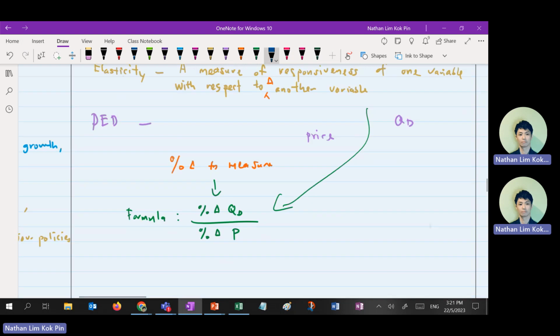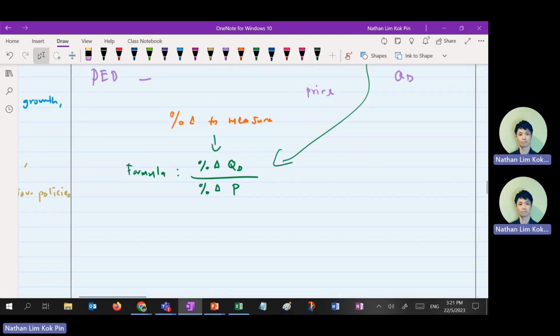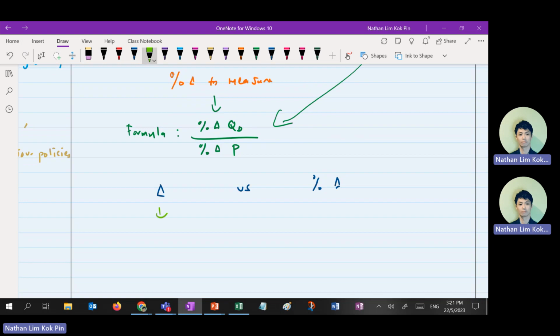Using the PED formula, I also told you that you must know the difference between change and percentage change. Right? Change is always just finding the differences between the new and the old. Percentage change is finding the differences, but we still need to divide by the original value. Okay, then times 100%.